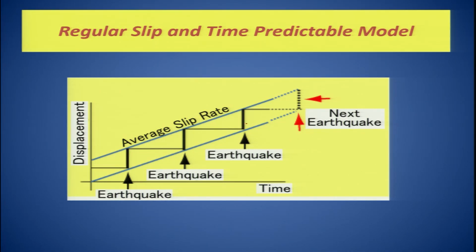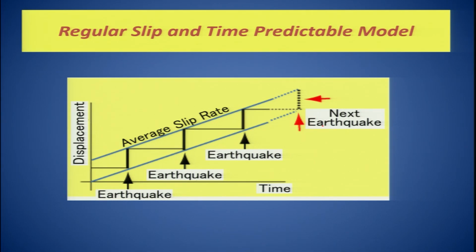This shows the last earthquake event, these are 1, 2 and 3, and the fourth one you can predict, considering the average slip on the fault plane. So with this you can at least consider the varied slip observed during different events, take an average, and predict.